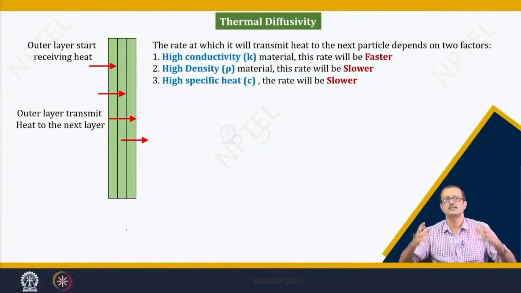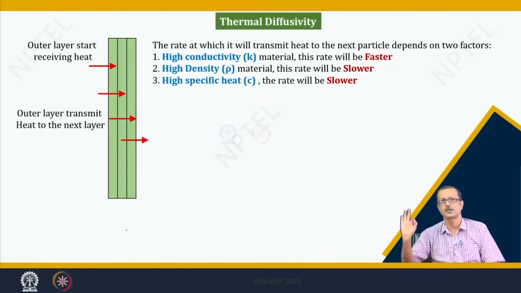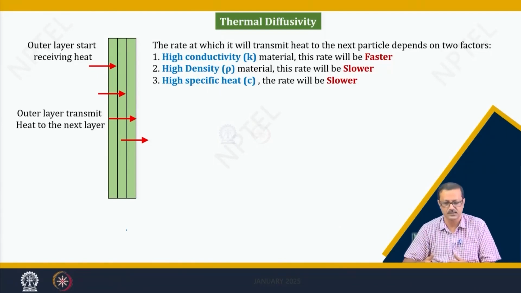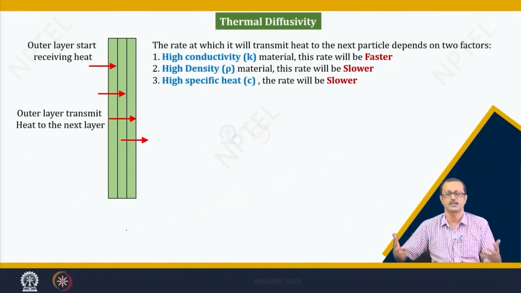We see if these three things come together: the thermal conductivity, the K value, is a fundamental property of a material; density is another fundamental property, density gives you how much weight, and with the same volume, high density will give you more weight; and the specific heat.